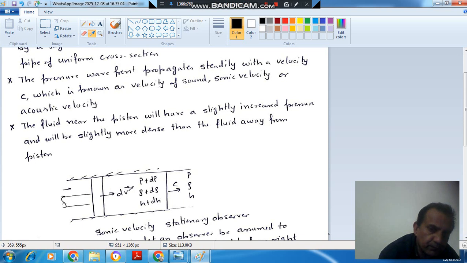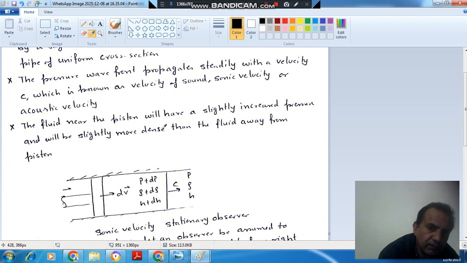So this is a uniform cross section pipe, and this is the cylinder piston, and it is moved by a small displacement with velocity dv. The pressure wave front propagates steadily with a velocity c. This is the pressure wave front, and c is known as velocity of sound, sonic velocity, or acoustic velocity.